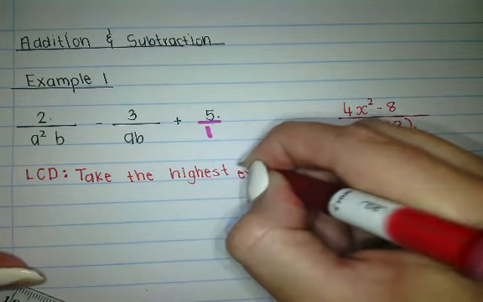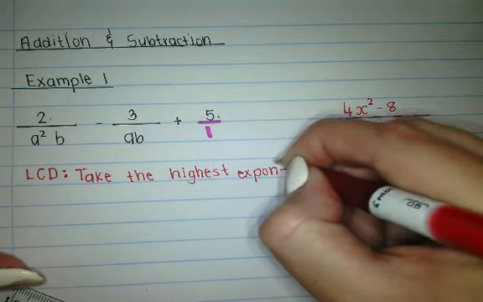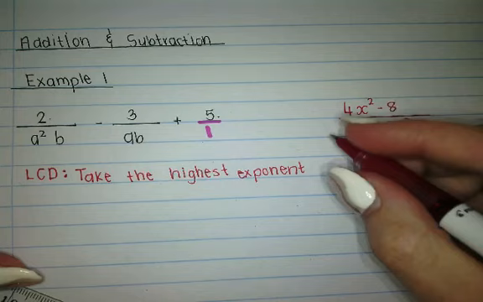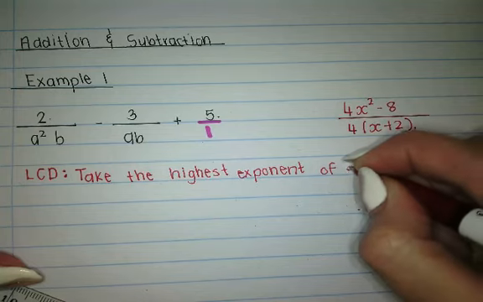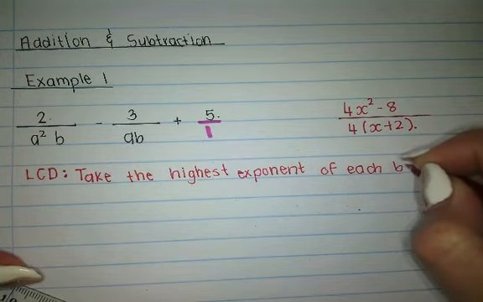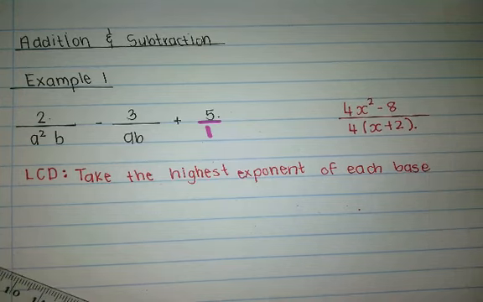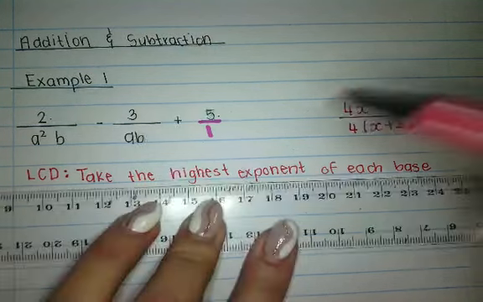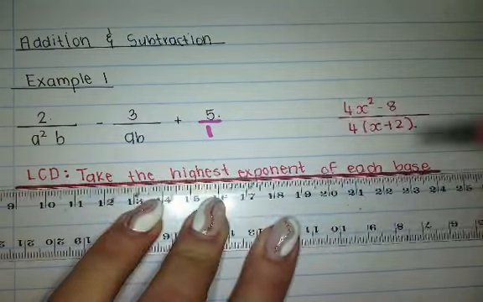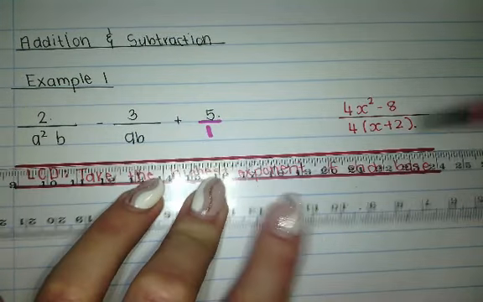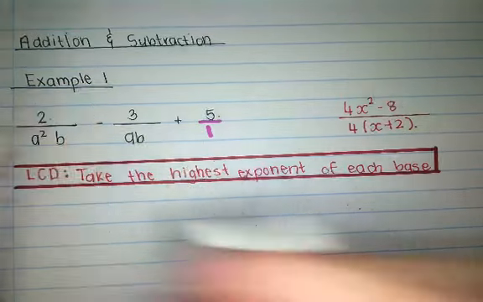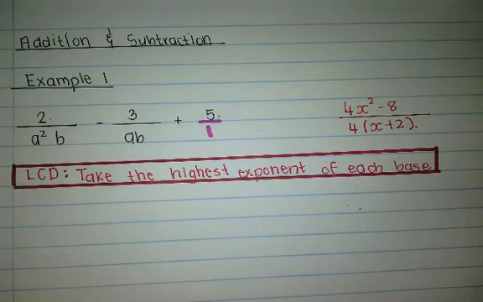The highest exponent of each base. You can make that step 1. This is the most important piece, because if your LCD is wrong, your answer is going to be very wrong.